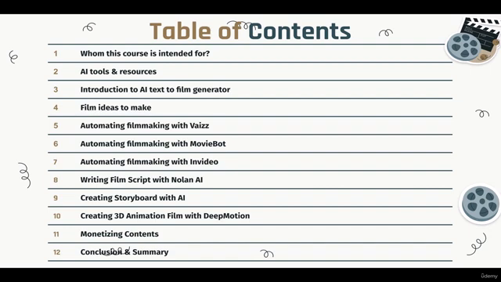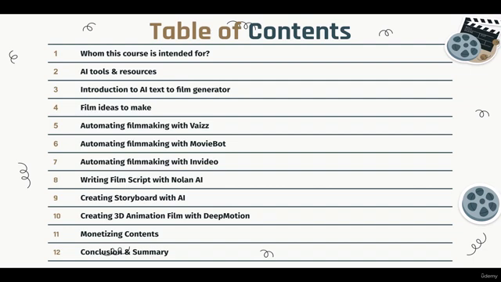Okay, so let's begin with the first one here, whom this course is intended for. So in the first chapter, we're going to answer this particular question. I'm going to explain my intention behind creating this course, and I'm also going to explain who my main target students for this course are. And obviously, if you're interested in filmmaking, if you're interested in integrating artificial intelligence into your filmmaking process, then this is definitely the right course for you, because that's exactly what you're going to learn, right?